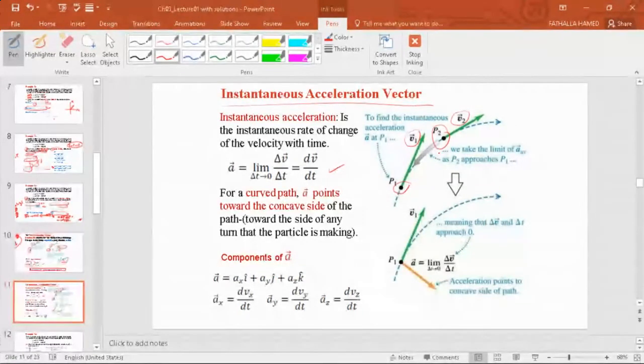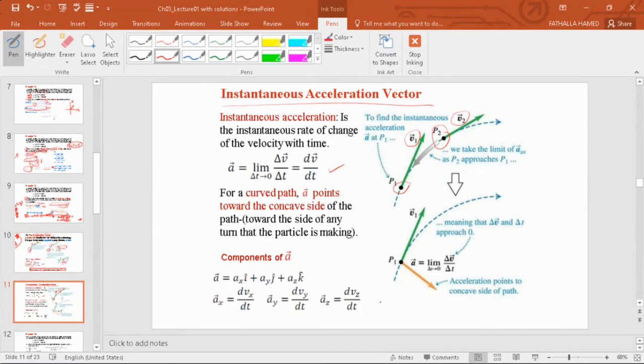Now, in the case of changing our velocity, we need acceleration to do that for us. And this acceleration can change both: it can change the magnitude, or it can change the direction. So in the situation that we have here, it is a curved path, and it's going to change direction.